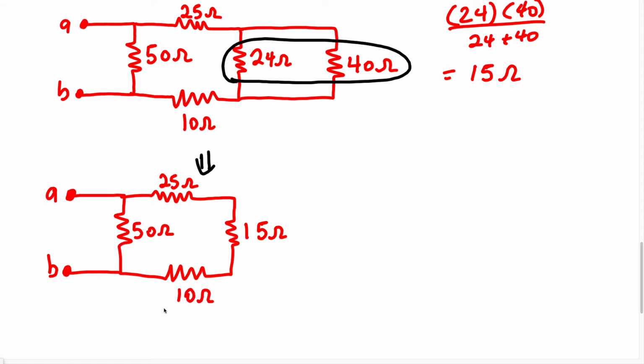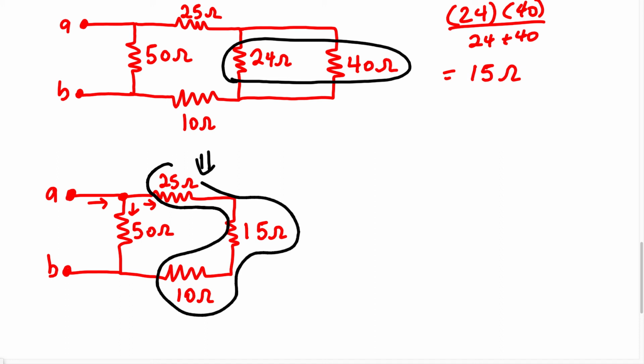Now let's look at this again. Let's analyze what we have, right? We know a current is going to be coming out of this terminal, terminal A. And it's going to go this way. And once it reaches this node here, it has two options. It can go this way or it can go this way. And because we know that these three resistors are going to have the same current flowing through them, that means these three resistors are going to be in series.